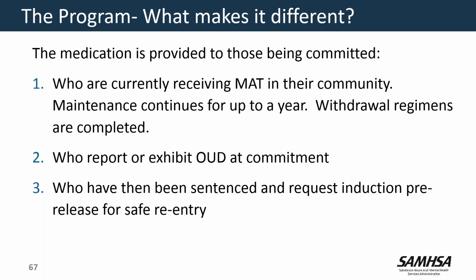The third is the population who have been sentenced and request induction on a medication pre-release for safe reentry. This is our most controversial, I think, population due to the confusion in the definitions of physical dependence on an opioid and an opioid use disorder.